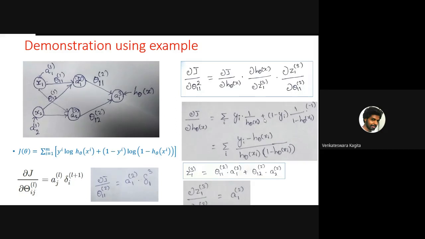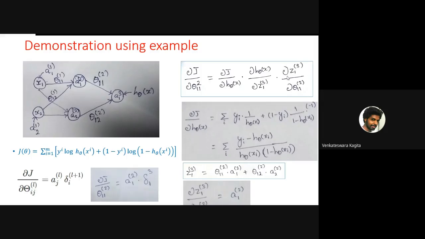Similarly, plus 1 minus yi times derivative of this log 1 minus h theta of xi is this 1 minus h theta of xi times minus 1, because I have to take derivative of this term also, which is equivalent to minus 1, isn't it? So this I can write as yi minus h theta of xi divided by h theta of xi times 1 minus h theta of xi, isn't it? So the same thing I can write it as this. So I've got derivative for the one term. This is the first term. Okay, what is the next?